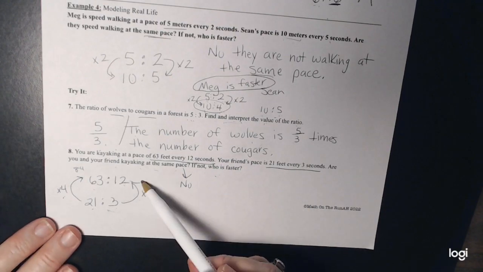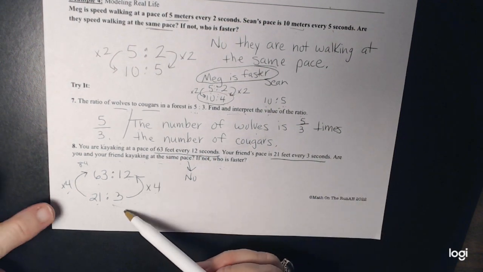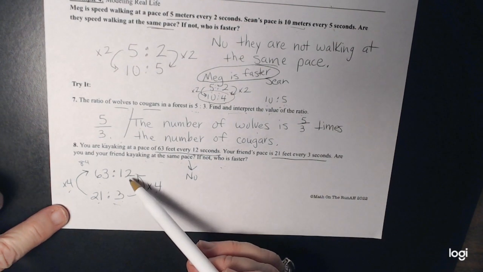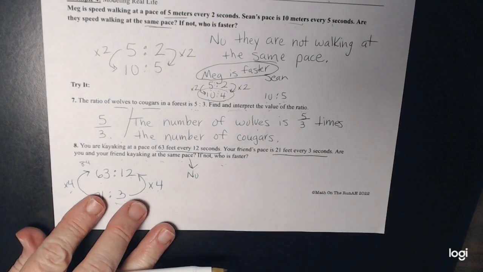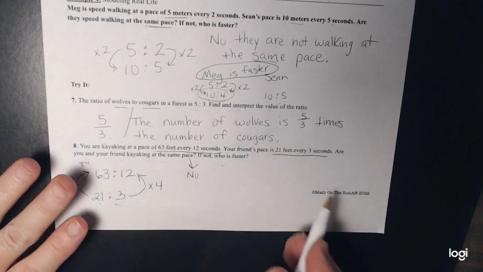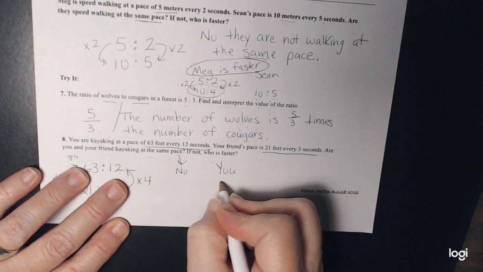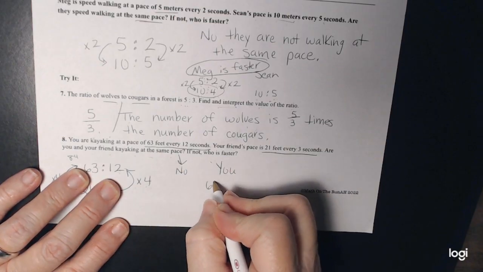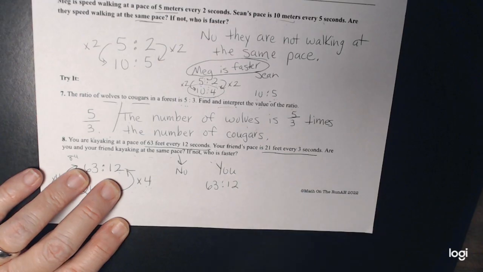Well, the only way we're going to be able to compare is we're going to have to make somewhat of an equivalent ratio or find something that they have in common. And let me show you what I mean. So if I put here, you are traveling 63 feet every 12 seconds.